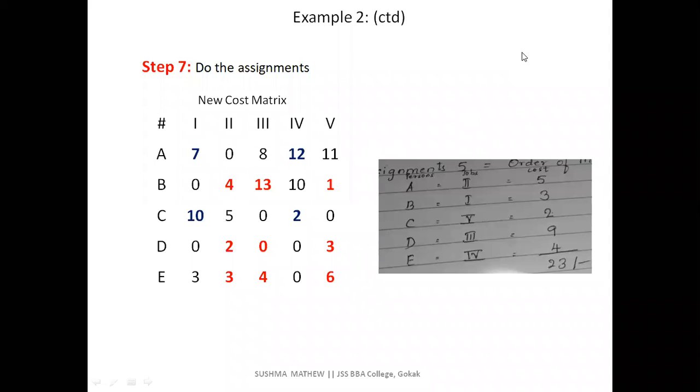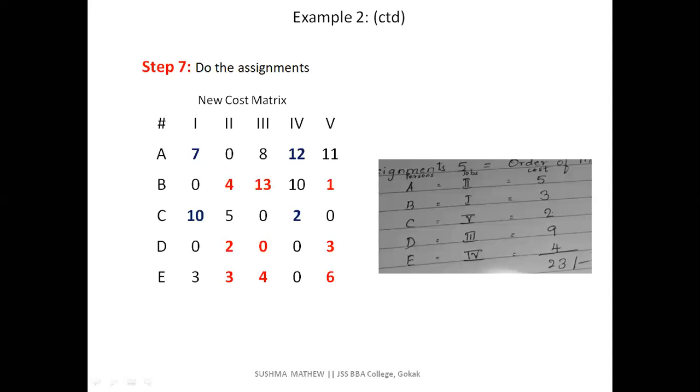Now, can anybody tell me where does the first assignment go? Row wise.